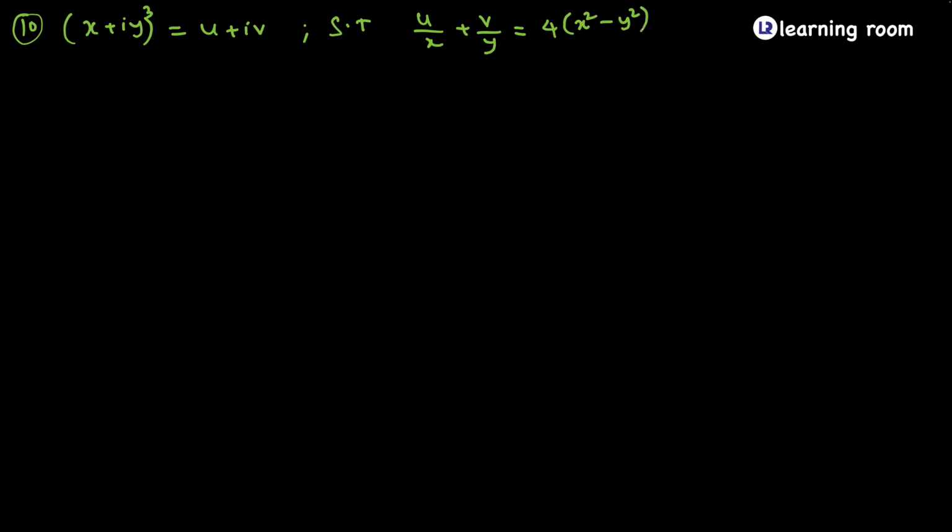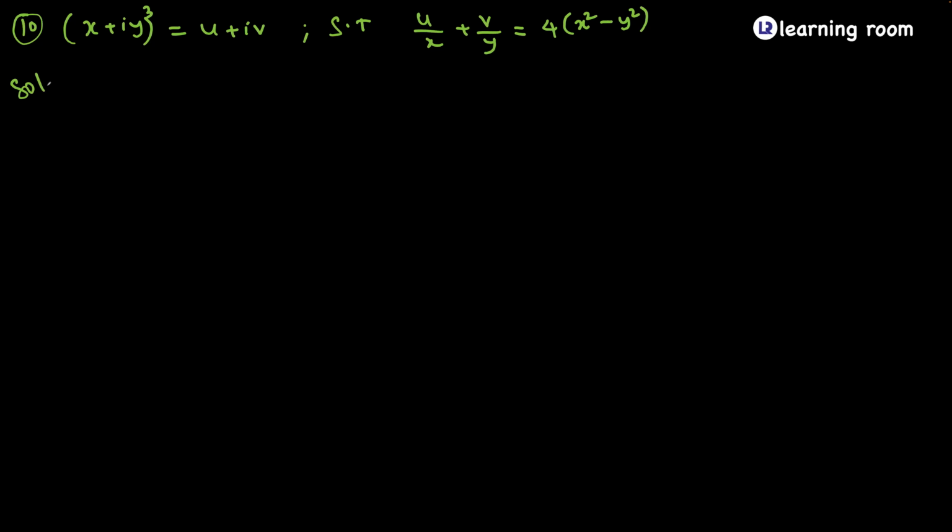So the problem is very simple. On the left hand side you have the cube of a complex number, on the right hand side you have the standard form of a complex number. All that you need to do is expand this, compare the real terms, compare the imaginary terms, substitute it here, and you will get the answer.